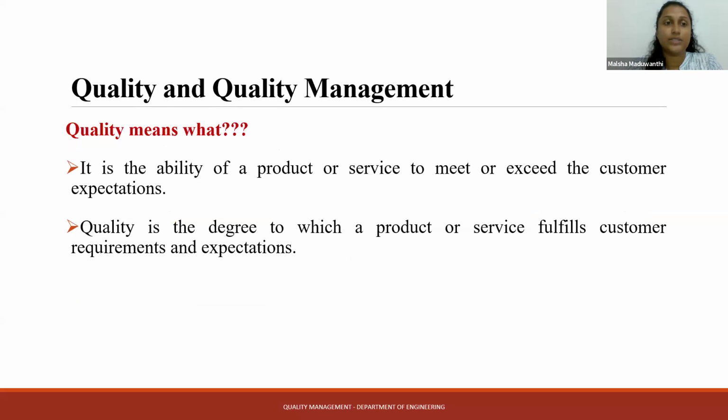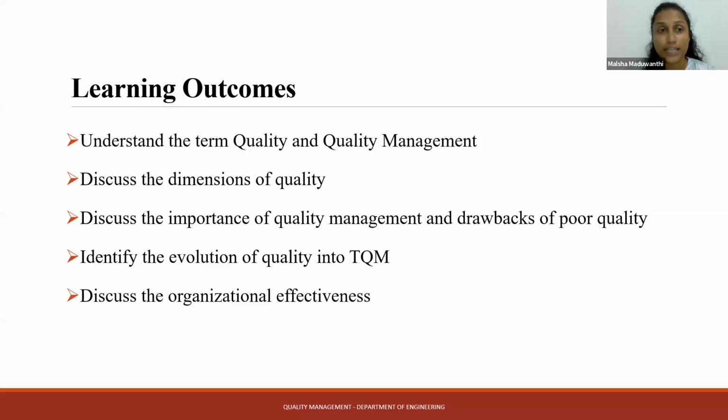Moving on to the first one, first we need to understand quality. What is meant by quality? Before we go through this lesson, we should know what is meant by quality and what is meant by quality management. Can someone tell me, as per your idea, what is meant by quality?